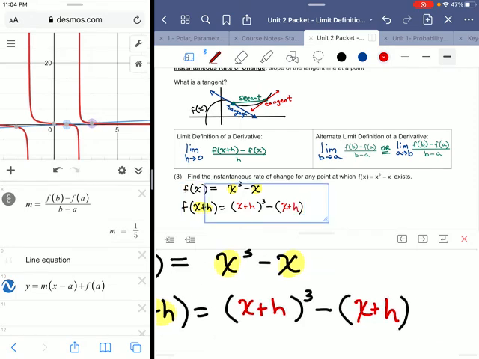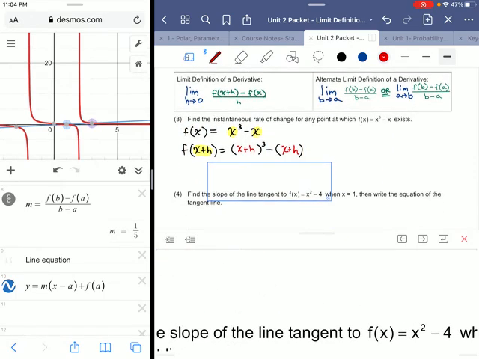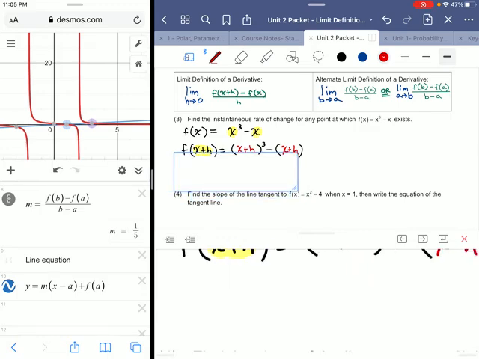All right. Now, we are going to have to clean this up and do a little distributive property. x plus h cubed. You might remember when we were reviewing pre-calc concepts, that was part of Pascal's triangle. So we can expand this out. I'll just jot it down right here: 1, 1, 1, 1, 2, 1, 1, 3, 3, 1.